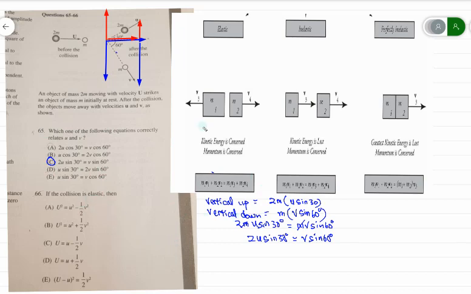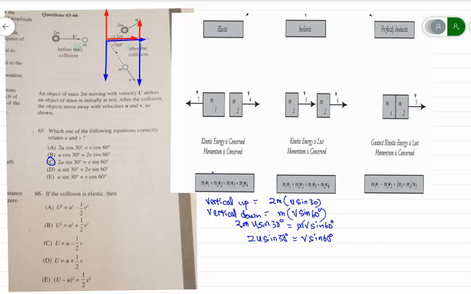Next question: if it's elastic, then the kinetic energy is conserved. As we know, energy is not a vector, it's just a scalar. So we will calculate the kinetic energy of this object at the very beginning, then the kinetic energy of this object 2m after the collision, and also the kinetic energy of this m after the collision.